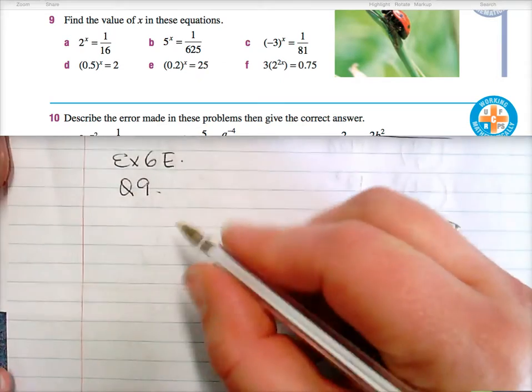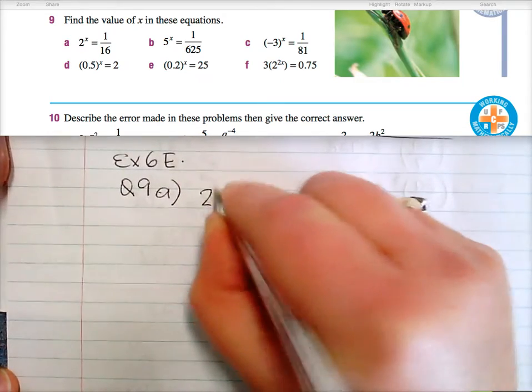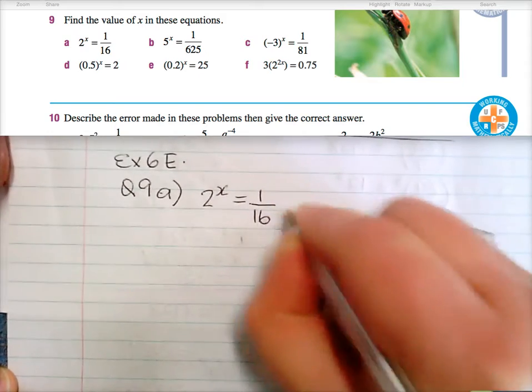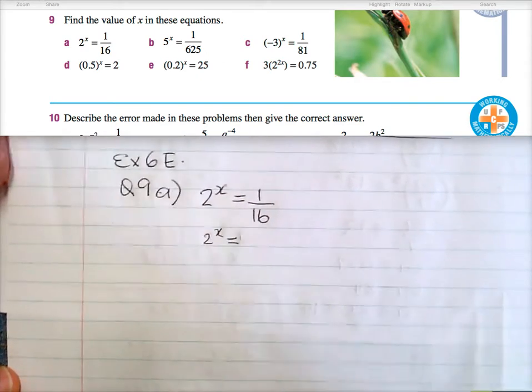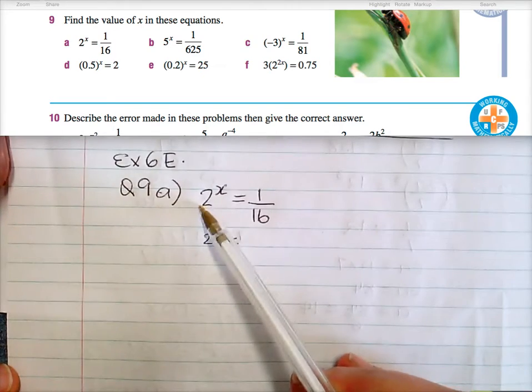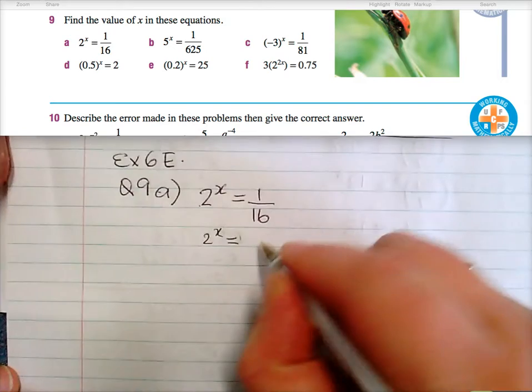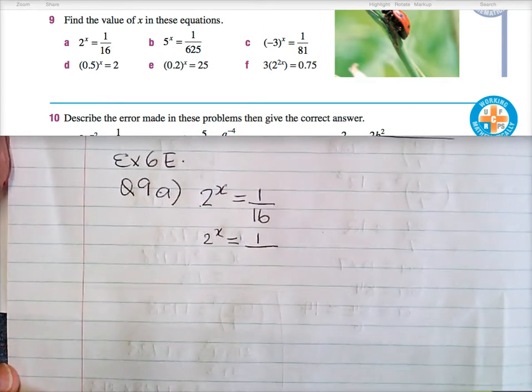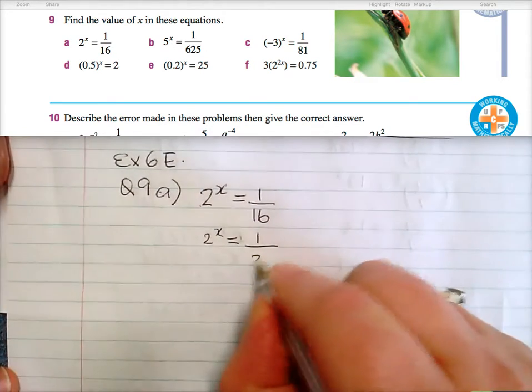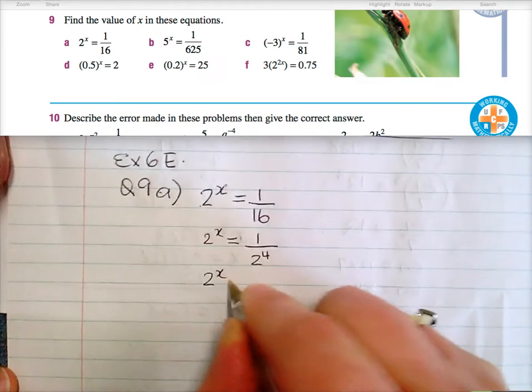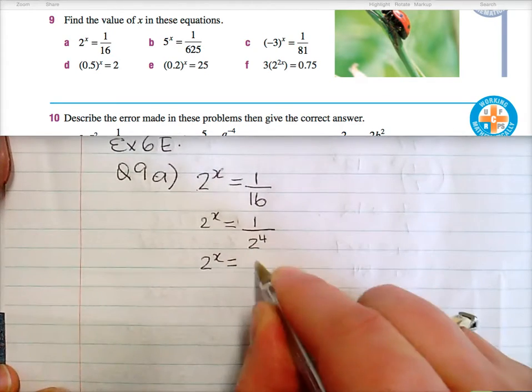Exercise 6E, question 9a. 2 to the power of x equals 1 over 16. Girls, with this type of question, I've got 2 as my base. I'd like to write 16 with base 2. So what's 16? 2 to the power of what? 4. So girls, can you already see how you write 1 over 2 to the 4?